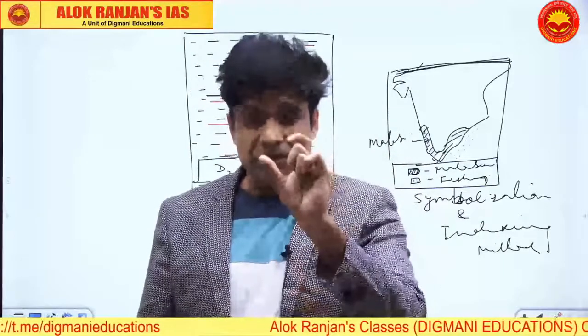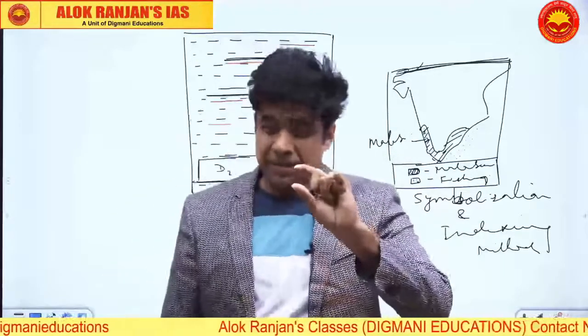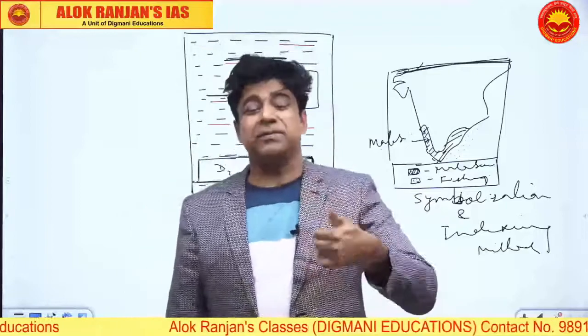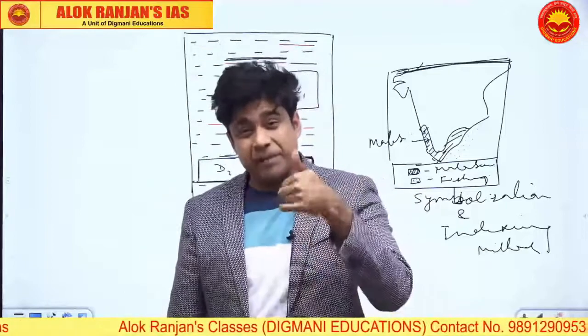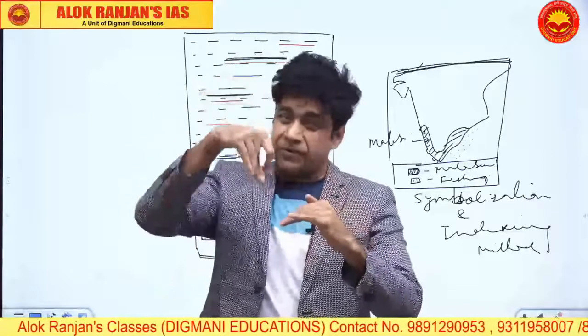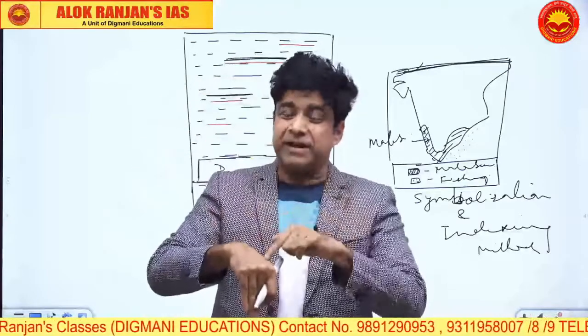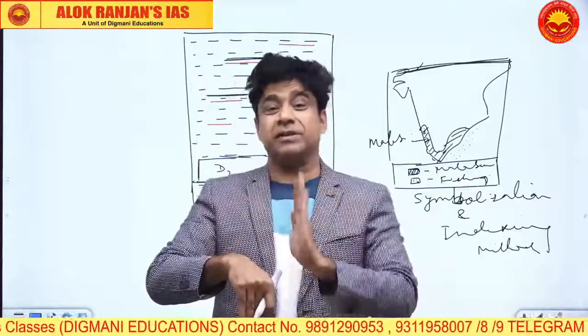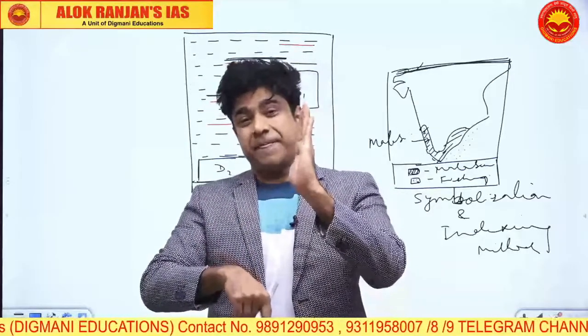Meaning here you are drawing the theoretical part of Darwin's theory. That theoretical part is that the rate of the subsidence of the island is less than the rate of the vertical growth of the coral reef.